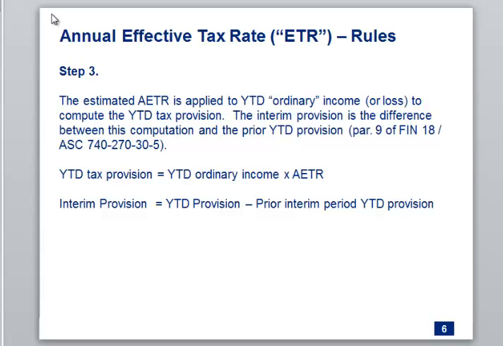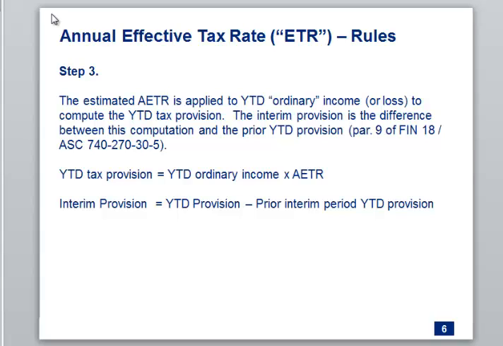When you get to Q2, you're going to go through the process all over again. You're going to estimate your annual effective rate, and let's say you still think it's 25, right? It's almost never unchanged, but let's say in this case it's unchanged. You'll take 25% times your 6-month income at this point. So you'll take 25% times year-to-date, which is 6 months, and that will give you a 6-month provision. You'll subtract what you booked in Q1 for a tax expense.